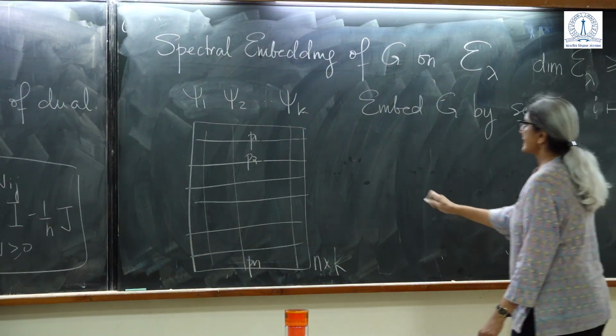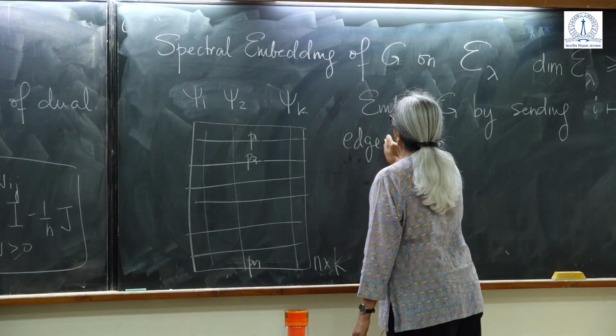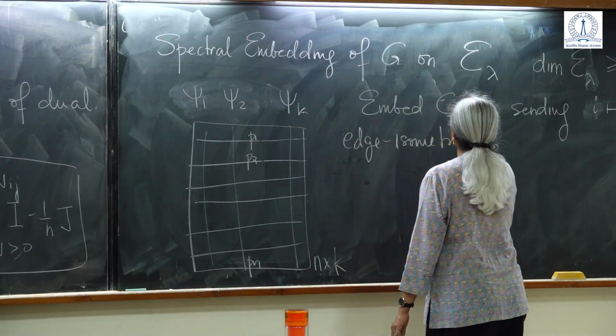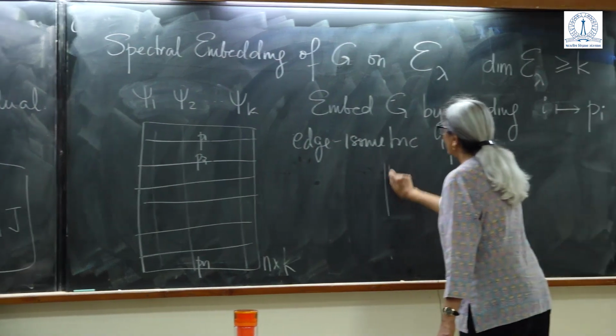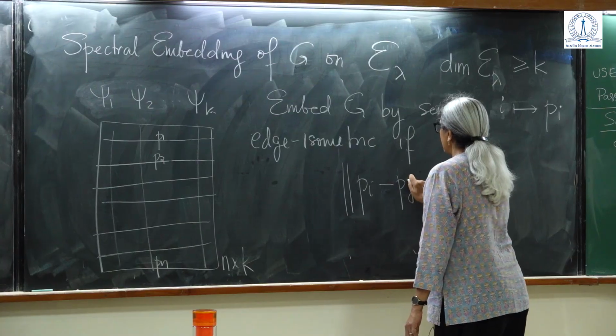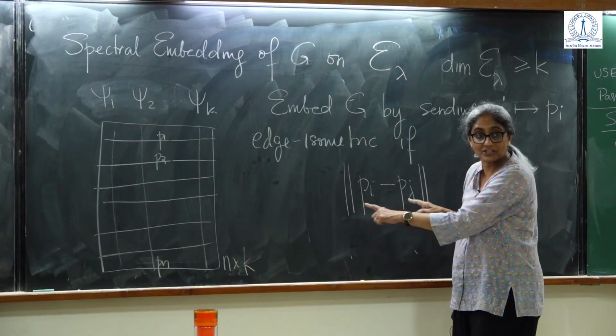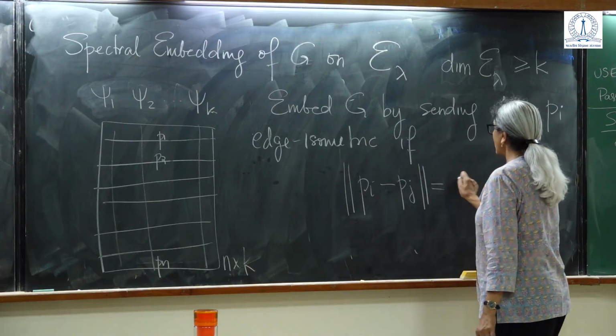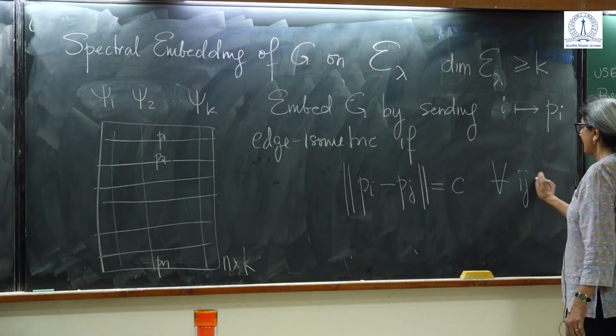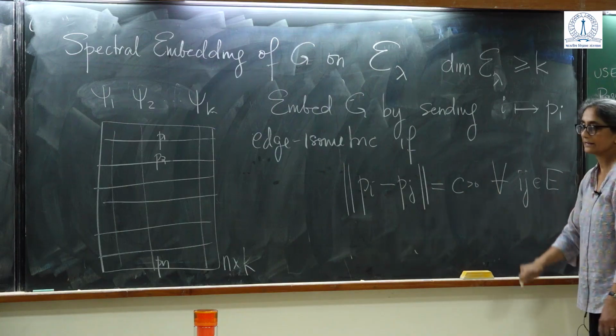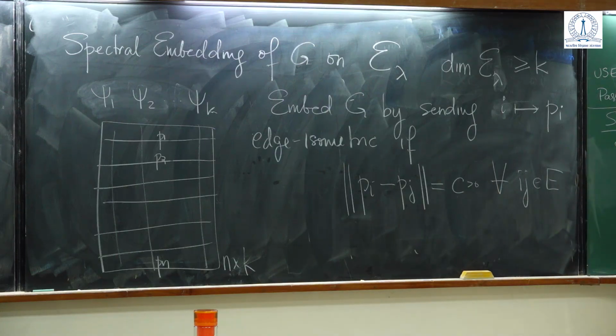And we say that this embedding is edge isometric if after you finish embedding, the norm of p_i minus p_j, remember this is where vertex i is, this is where vertex j is, this is the length of the edge that connects the two. This norm is a constant for all edges. It has to be a positive constant. So all the edges end up having the same length. That's called an edge isometric embedding, which is very rare. You're not going to always get this. So the p's are whatever, and then you connected all the edges, and if all the edges ended up having the same length, we call it edge isometric.